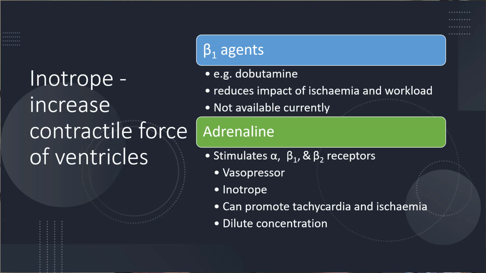So adrenaline is a broader acting sympathomimetic with strong alpha and beta effects. So we get the vasopressor effect that we would see with metaraminol anyway, and we see an increase in the strength of cardiac contractions. So in the setting of cardiogenic shock, it will act as a vasopressor and an inotrope.